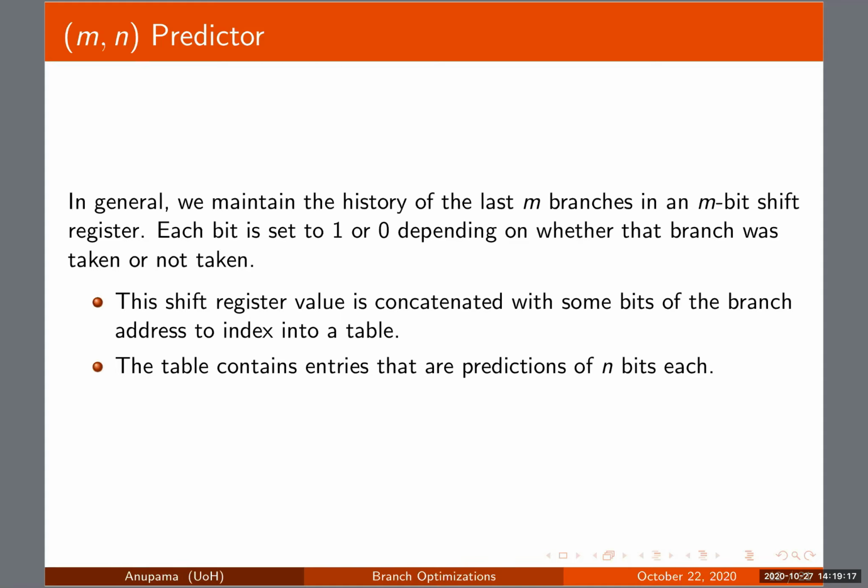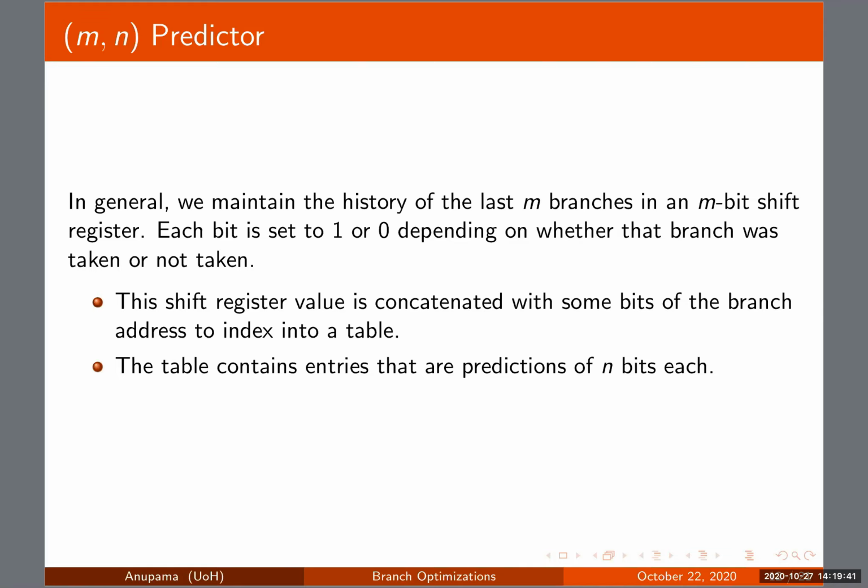So every time we come to a branch instruction, we shift this register value and set the new bit depending on the outcome of the current branch. So that is the M-bit shift register, which is used to maintain the global history of M branches.